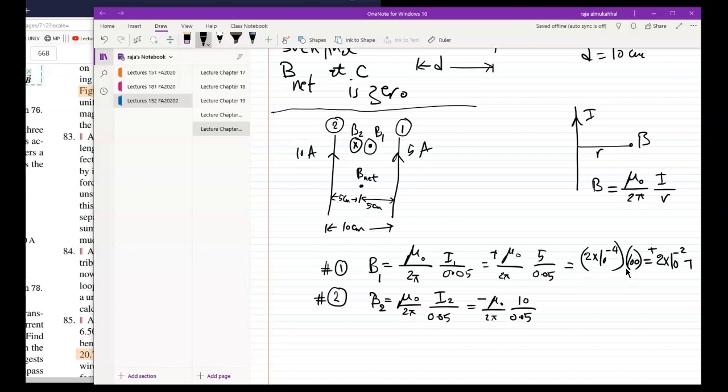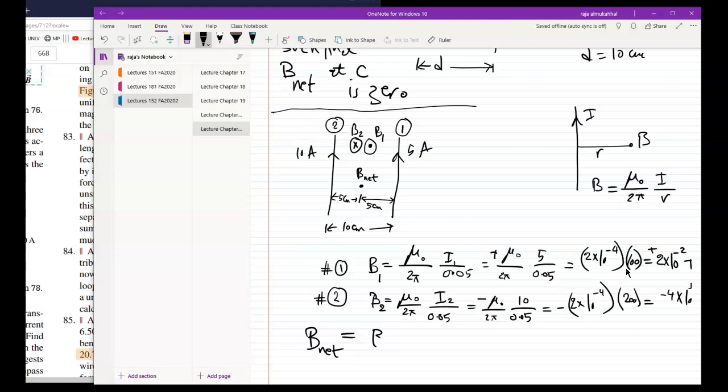The next one here, and that's going to be negative 2 times 10 to the negative 4, multiplied by 10 divided by 0.05, answer is 200. So that's 200 here. And that will be negative 4 times 10 to the negative 2 Tesla. I'm reaching the edge of the screen. Anyway, there we go.